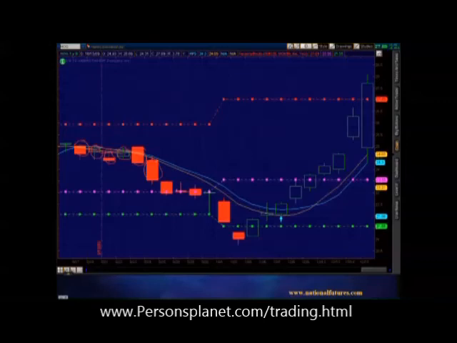So, two things that we're going to look at here when we study moving averages. A, what is the price to moving average relationship? If price is below the moving averages and the moving averages are in a downtrend, then the market is deemed to be in a bearish condition. We are not looking for buy signals in that situation.